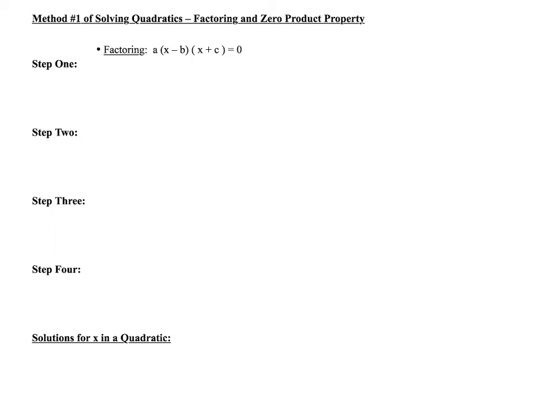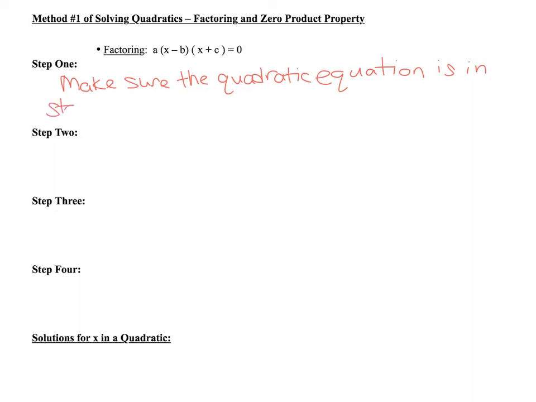Step 1 is to make sure the quadratic equation is in standard form, which means all of your terms on one side, and it's set equal to 0.